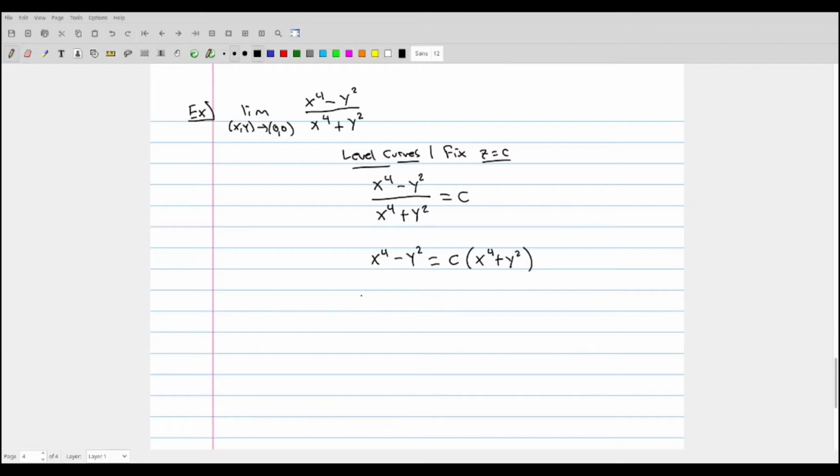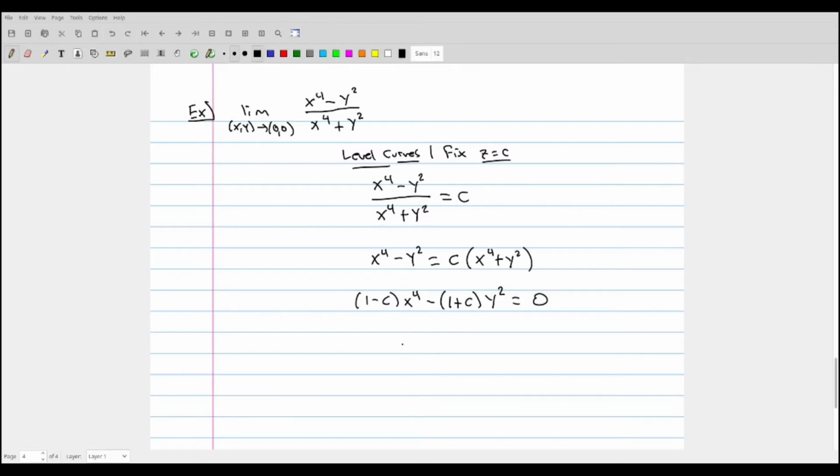You can rewrite this a little bit, by subtracting c x to the fourth, as 1 minus c times x to the fourth minus 1 plus c times y squared is equal to 0.